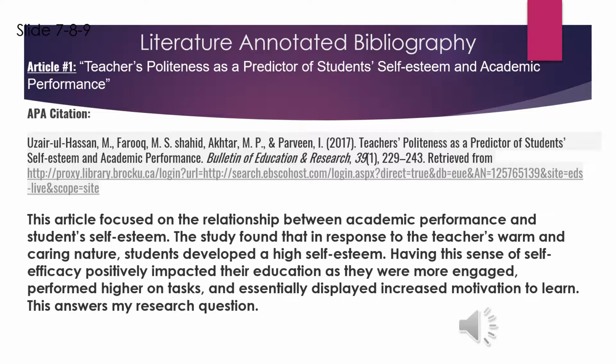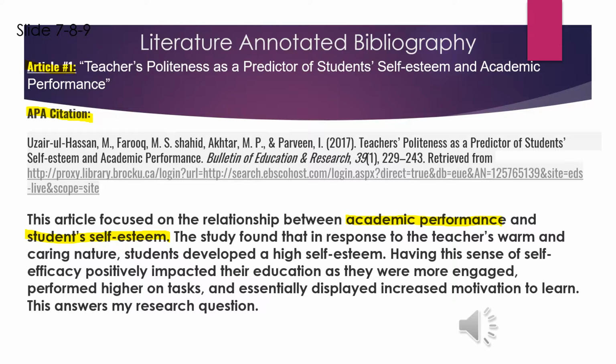Okay, now for my literature annotated bibliography. For my first article, it is titled Teachers' Politeness as a Predictor of Student Self-Esteem and Academic Performance. My APA citation is as follows, and my annotated bibliography includes: this article focused on the relationship between academic performance and student self-esteem.